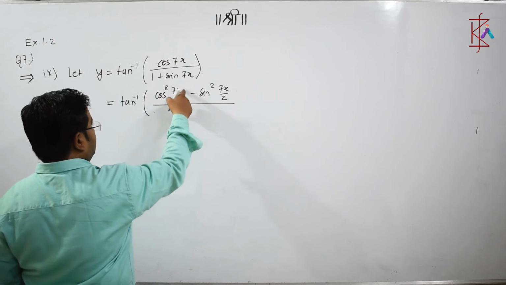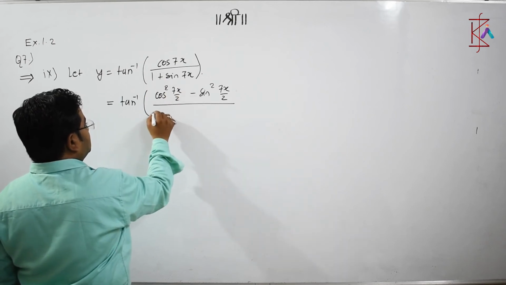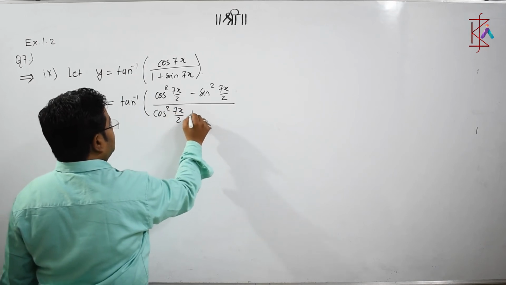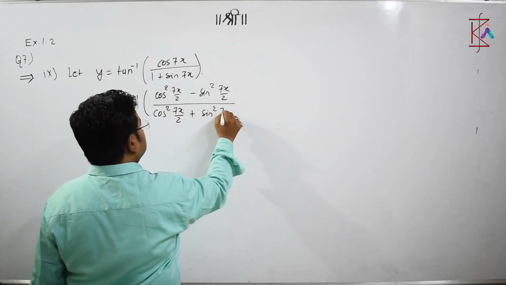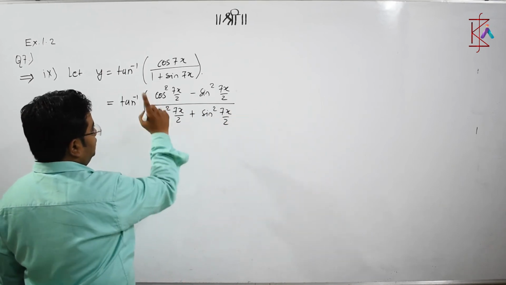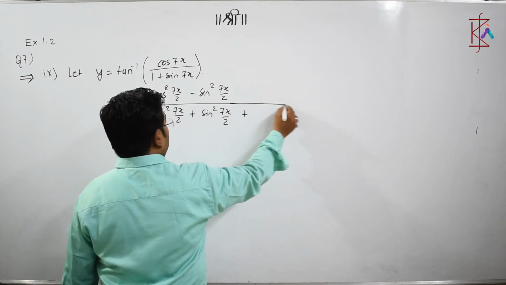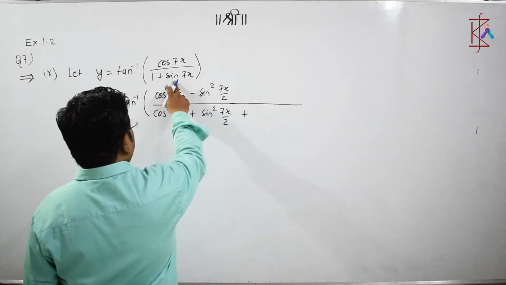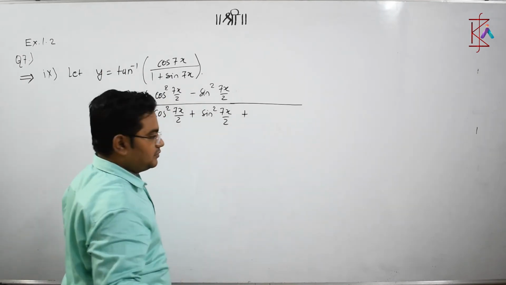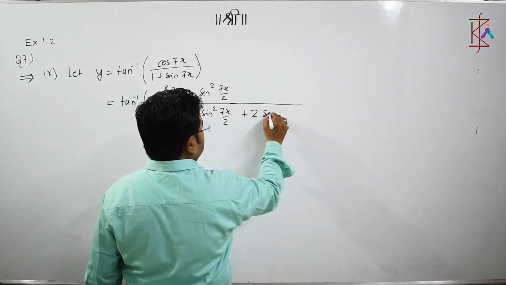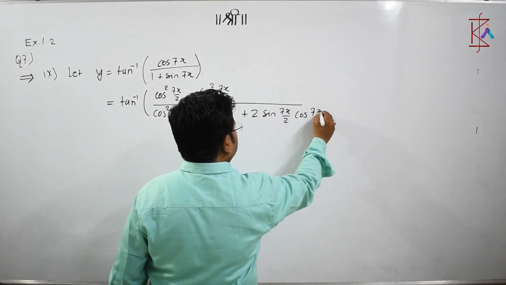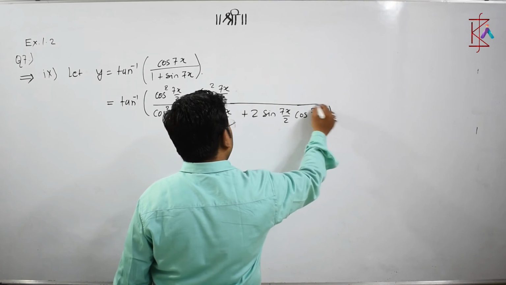As we substituted earlier, 1 is cos square(7x/2) plus sin square(7x/2). What is this identity? This represents 1, and another important identity we will use for sin 7x, the sin 2 theta formula: 2 sin(7x/2) cos(7x/2).